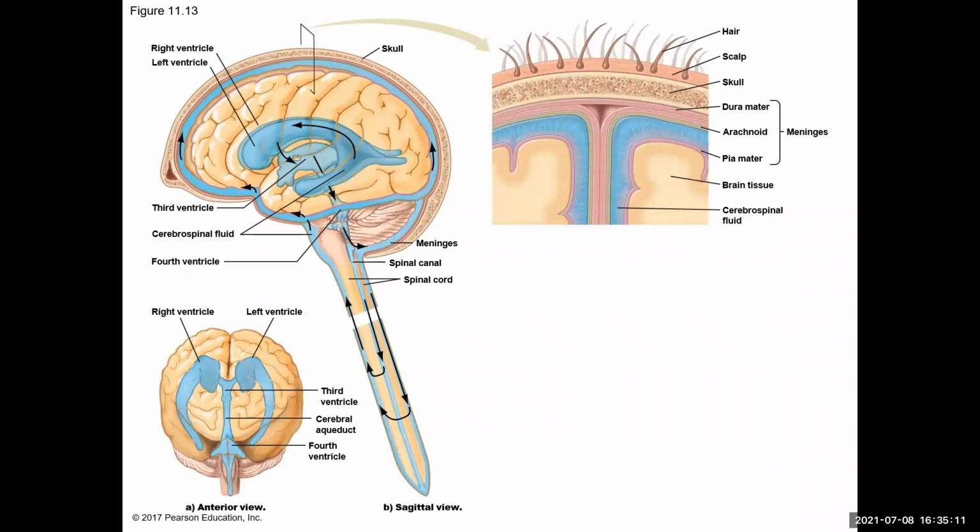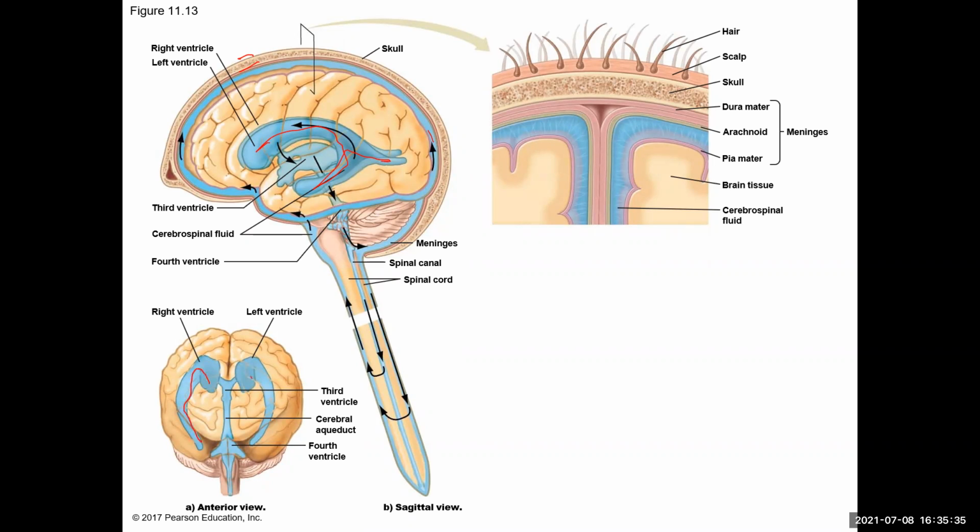So here's a figure of the brain and the spinal cord, simplified, and you can see the skull surrounding the spinal cord. The blue fluid is the cerebrospinal fluid, and that cerebrospinal fluid is made in the ventricles. And you can see the ventricles at the side view here, and then from the front.